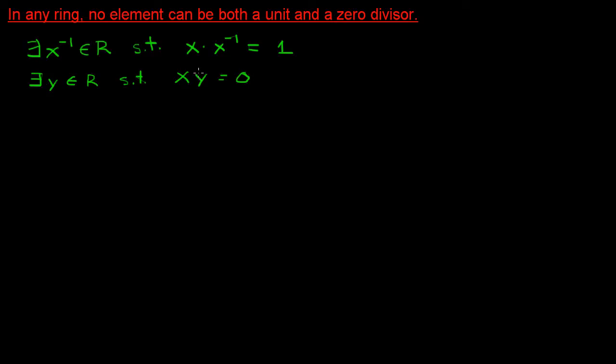Now, we haven't assumed this is a commutative ring, so it could be Y times X. We could make a distinction between left zero divisors and right zero divisors, or maybe this particular element X is both, but it turns out for this proof it doesn't matter, and you'll see why in a second. So there exists a Y in R such that X times Y is 0 and Y is not 0.